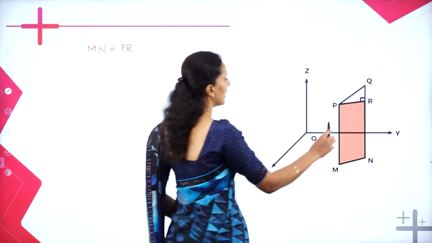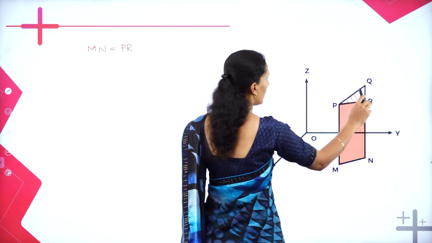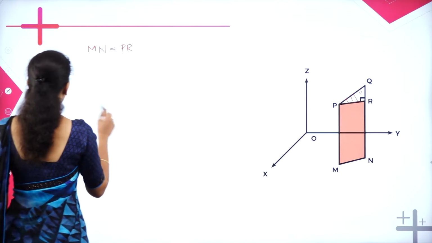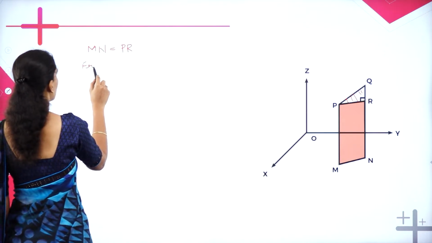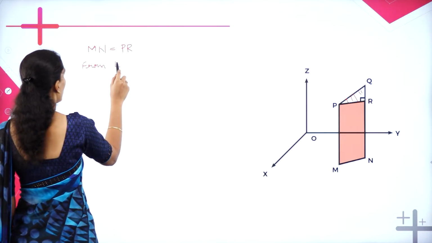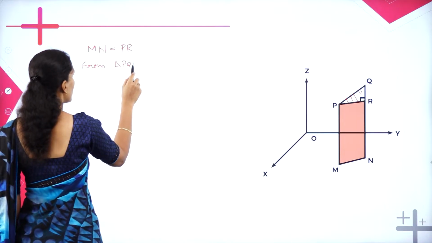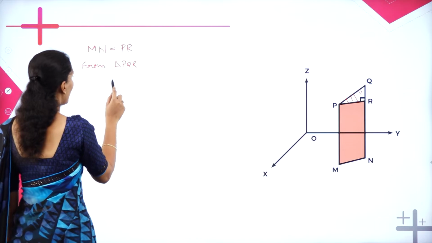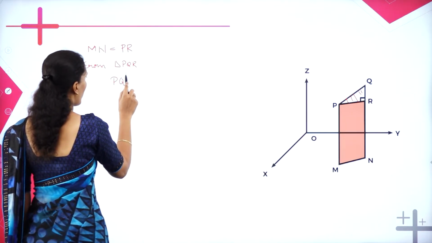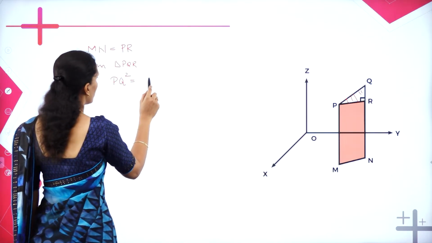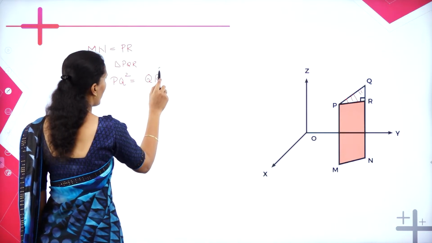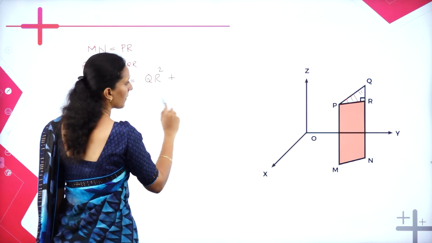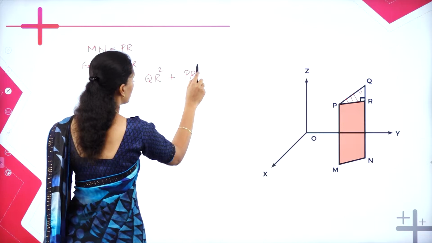Next, consider this right angle triangle PQR. From triangle PQR, since this is a right angle, I am writing the symbol of the right angle. So I can write PQ square is equal to QR square plus PR square.